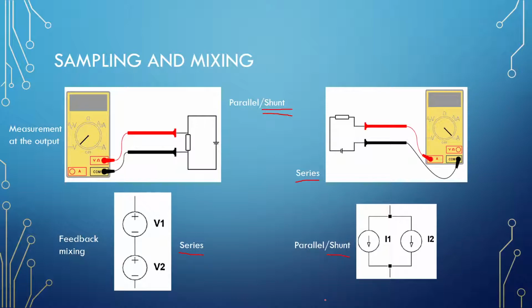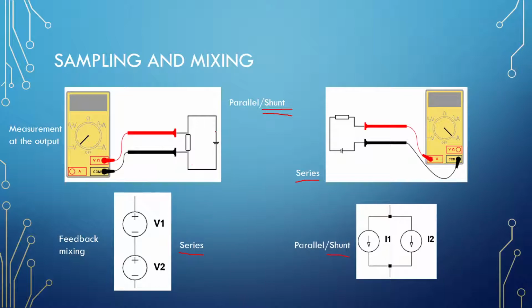So if it's an amplifier that takes a voltage input, you need to add a voltage to that voltage, so it will happen in series. If it's a current input, it should happen in parallel, in shunt.